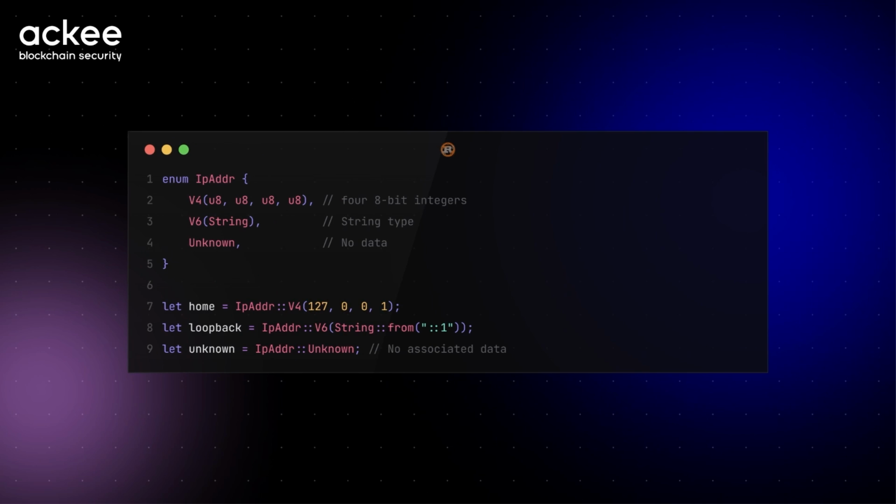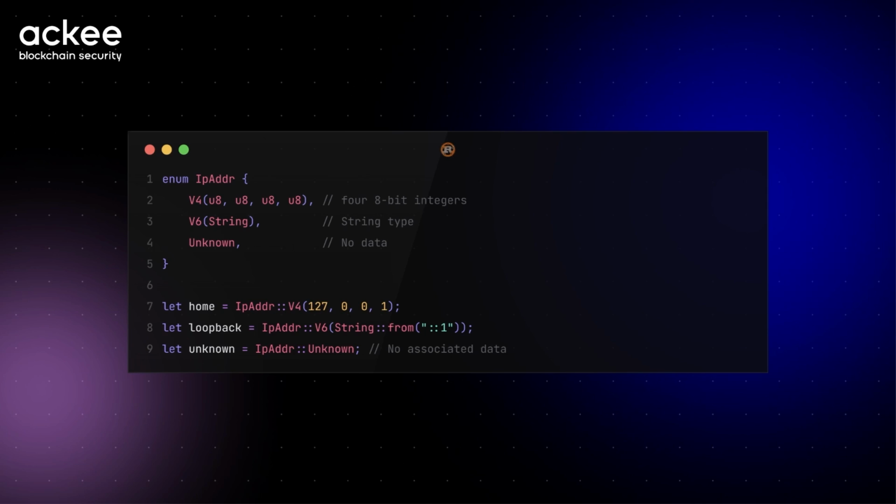As I stated, the enums are similar to the unions in C++. So an enum does not need to necessarily contain only simple variants, such as enum 1 to 3, for example, but the enum variants can also contain values within each of the variants, and these variants do not need to necessarily have the same length.